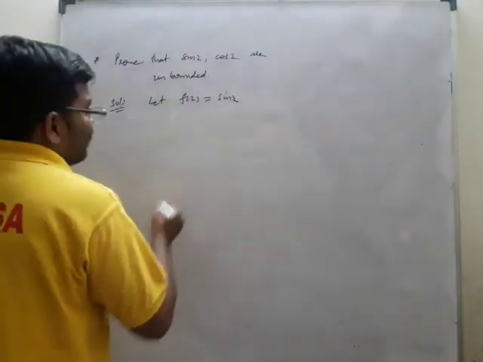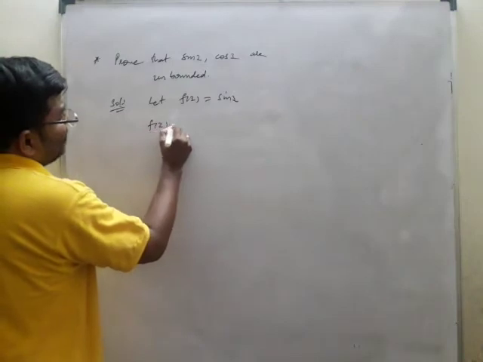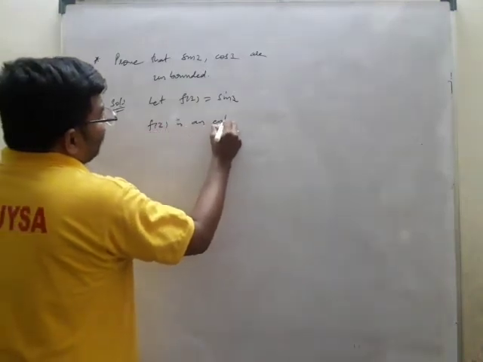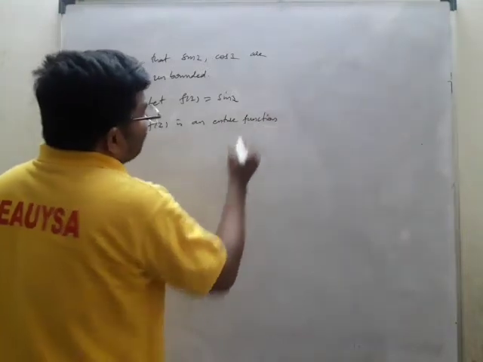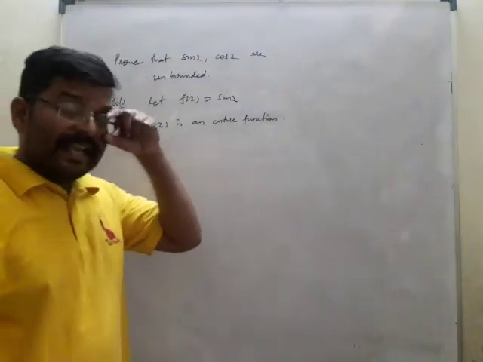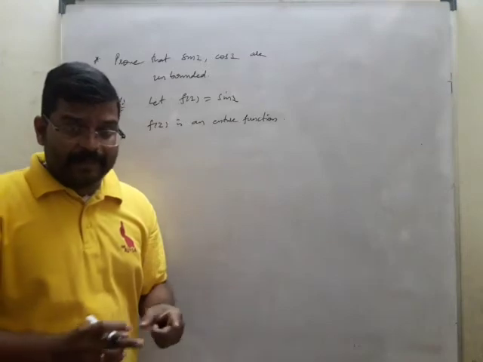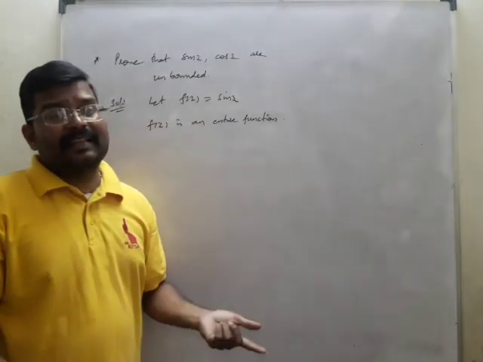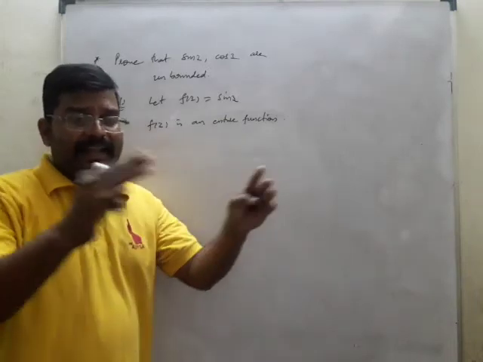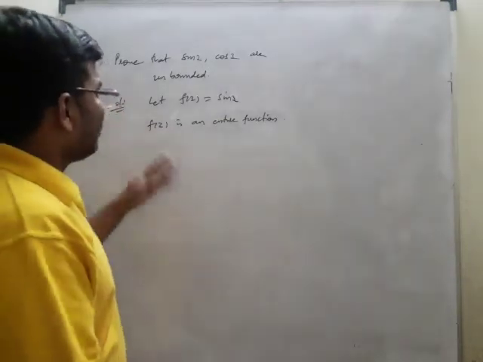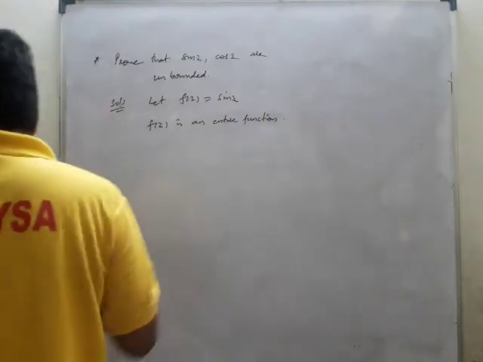You can say that f(z) is an entire function. Whenever a function is analytic in the entire complex plane, it can be taken as an entire function. A derivative should exist in the entire complex plane, so it is nothing but analytic.